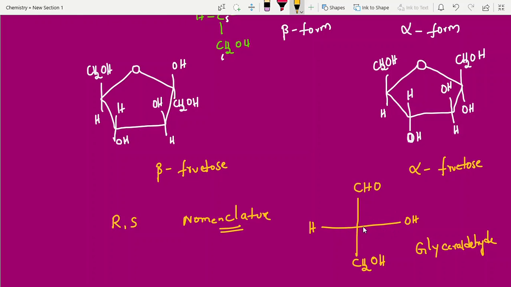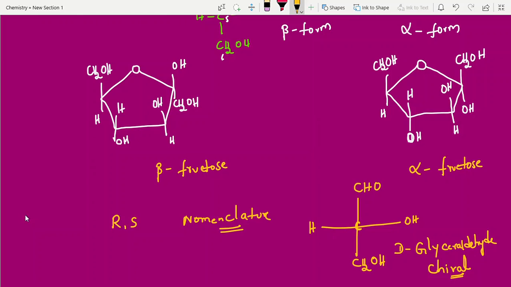See, this carbon is chiral carbon. Chiral carbon is nothing but it has 4 atoms or groups. This is one group, this is one group, this is one atom. 4 different atoms or groups, we call it as chiral carbon. Chiral carbon also call it as asymmetric carbon atom. Okay, now here OH group is on right hand side, then we call it as D-glyceraldehyde.